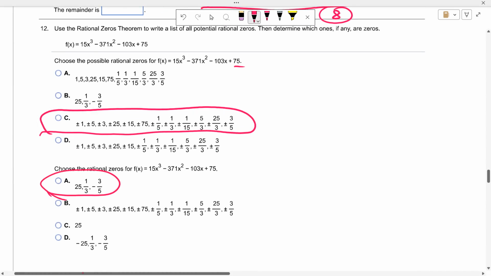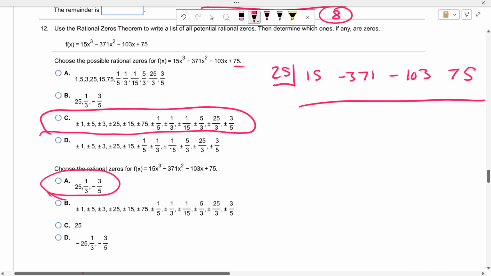How do we do that? Well, it was 15, negative 371, negative 103, 75. We try 25. 15, what's 15 times 25? 375. So when we get 4, then we get 100. And we get negative 3.